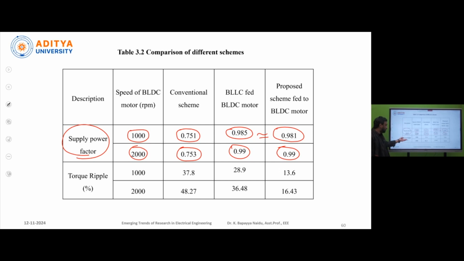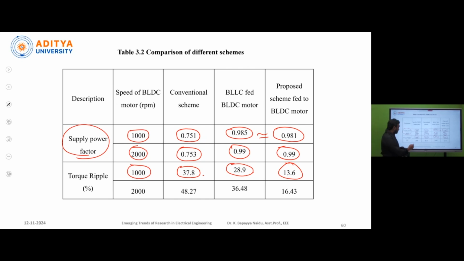Okay, coming to the torque ripple, when the motor is running at 1000 RPM, in the case of the conventional scheme we obtain 37.8 torque ripple, and for the BLLC fed BLDC motor it is 28.9. Here, this converter is only a power factor converter. After modifying this BLLC with an additional voltage source, we obtain a torque ripple of 13.6, which is very low compared to the BLLC and the conventional scheme.